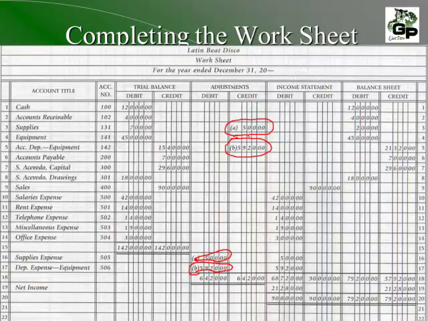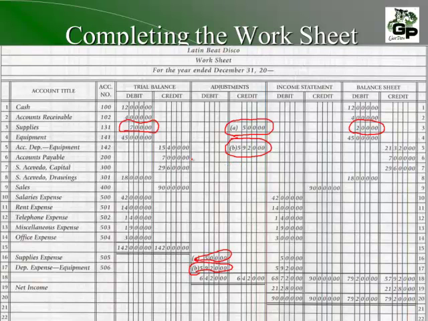to be retotaled. We start here with supplies. They had an initial value in the trial balance of $700. That is a debit balance. And because of the adjustment, we have a $500 credit. That means over here, when we transfer to the balance sheet, that total is 700 minus 500, which leaves us with 200.